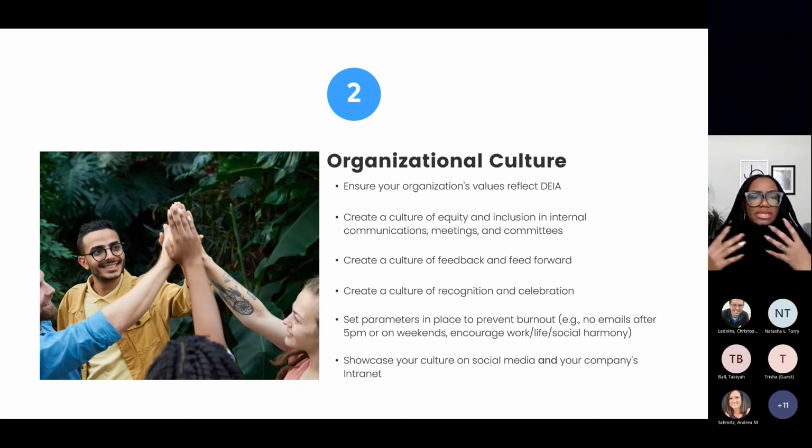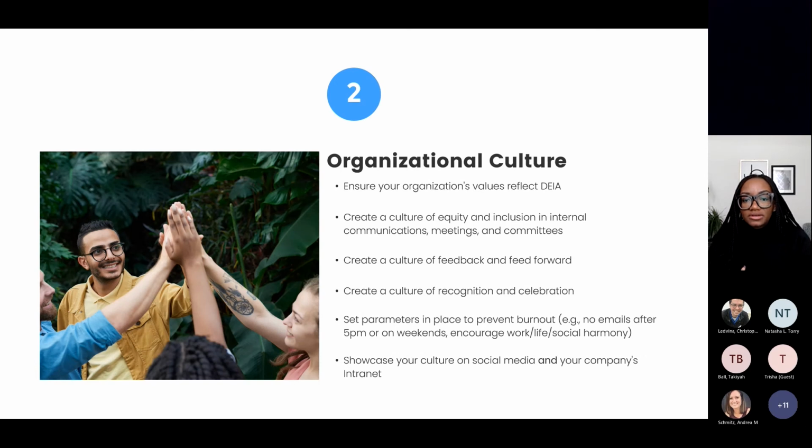So how people communicate, how people collaborate, who's included, who's excluded. And so when we think of our org culture, one way that we can embed diversity, equity, inclusion, and accessibility is to ensure that our organization's values reflect DEIA.